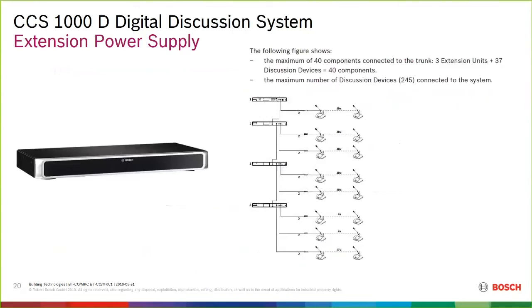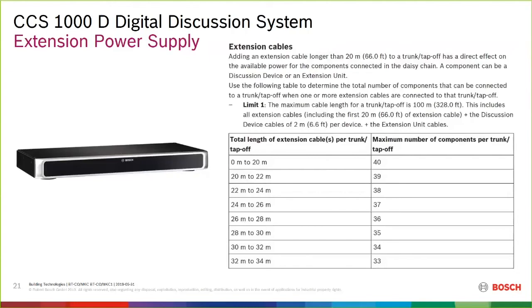This is just a diagram showing what it would look like if I daisy chained a lot more units. It would look just like this. The controller has that trunk output to daisy chain another power supply and so forth. Each additional power supply has 2 more trunks to get 80 devices. I say 80 arbitrarily because it does matter on the cable length.